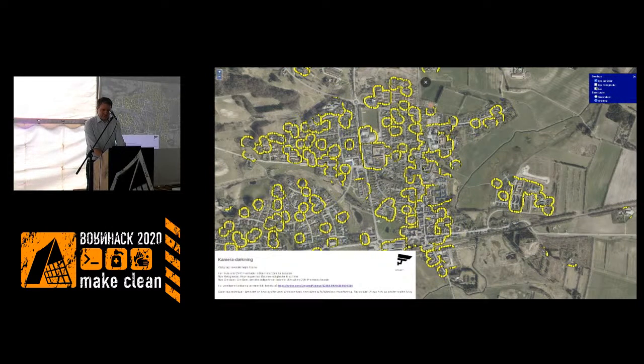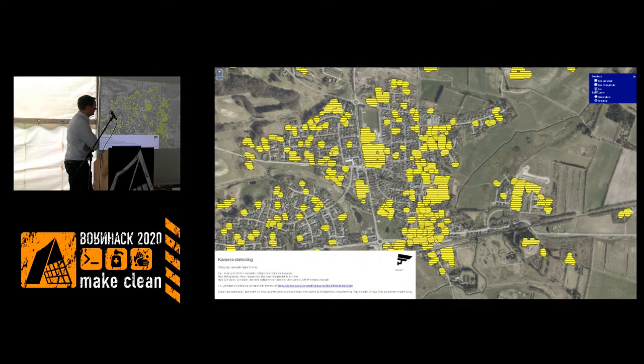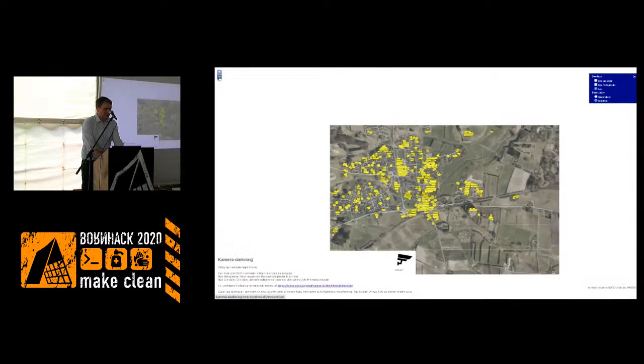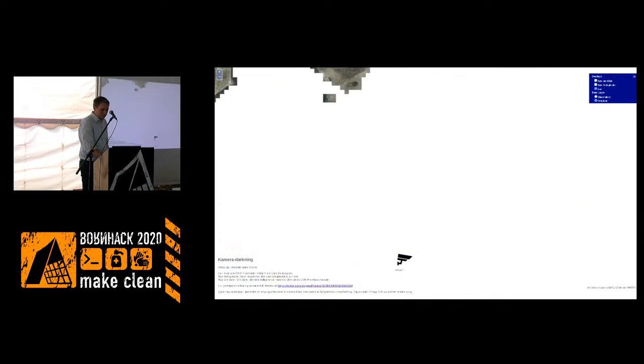So basically before, you had the right to film 15 meters from a facade. And this is all the buildings in Denmark loaded, and then 15 meters from the facades are drawn with the yellow. And if we zoom out, you can see this is today. Not much.